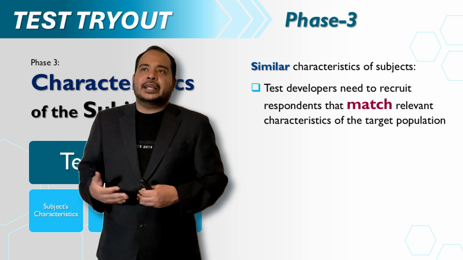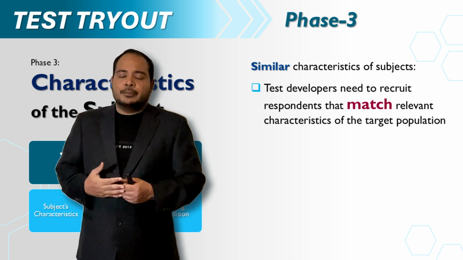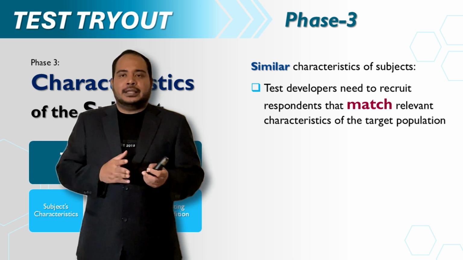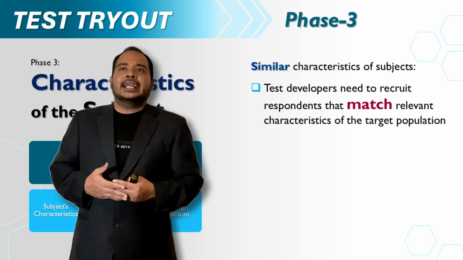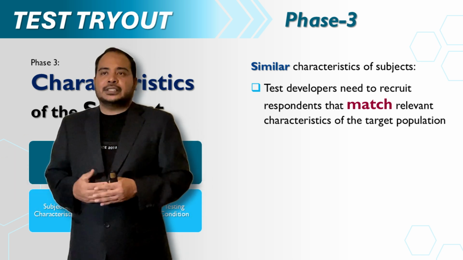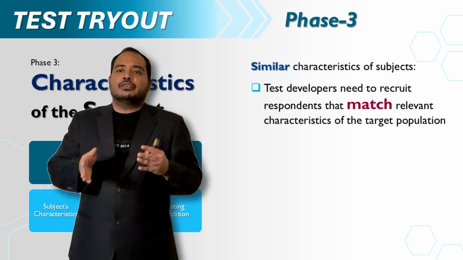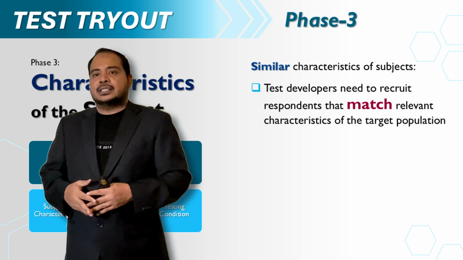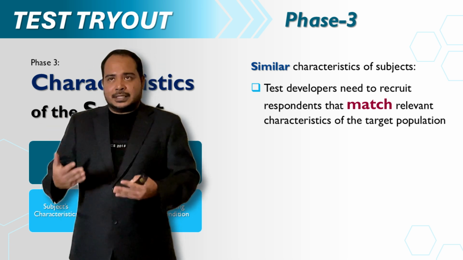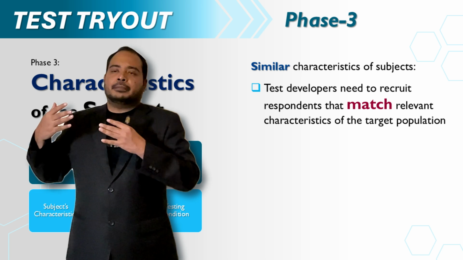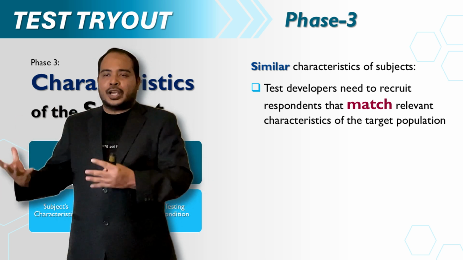I always find that, especially in research, when people develop a test intended for school children, for example, from the age of 13 to 18, the researchers are still students, bachelor's degree students, postgraduate students.